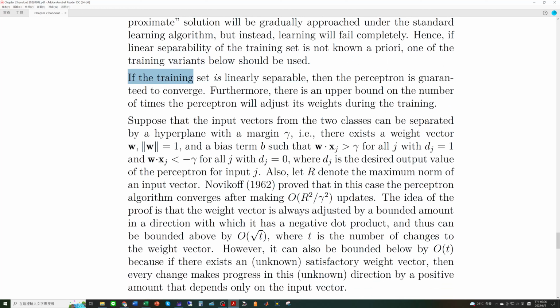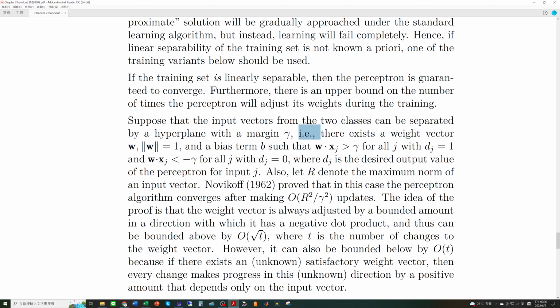If the training set is linearly separable, then the perceptron is guaranteed to converge. Furthermore, there is an upper bound on the number of times the perceptron will adjust its weights during the training. Suppose that the input vectors from the two classes can be separated by a hyperplane with a margin gamma.